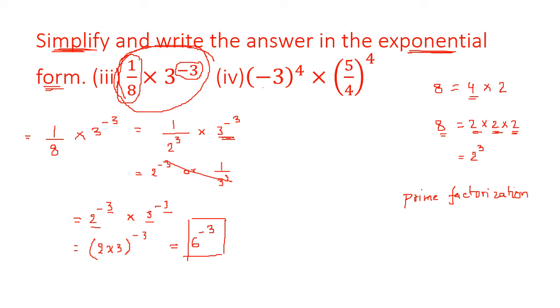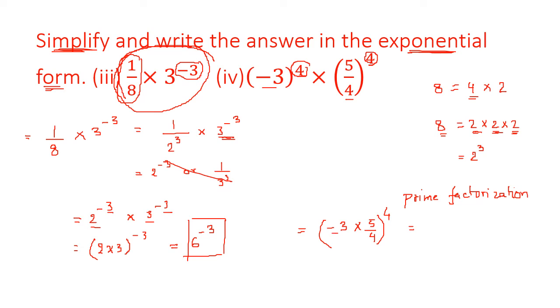Here we have got minus 3 raised to 4 and 5 by 4 raised to 4. Here the power is the same. So let us apply the rule. What will we get? Minus 3 into 5 upon 4, a into b, the whole raised to the power 4.